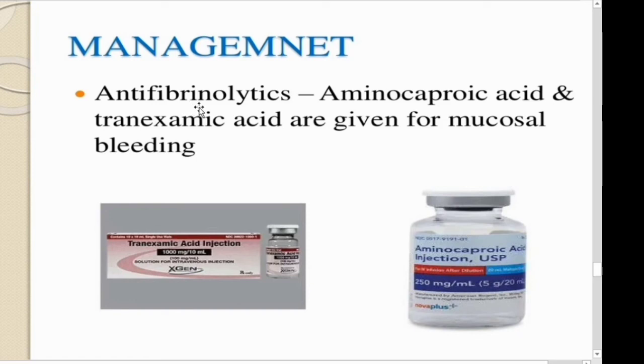These are drugs used to prevent the breakdown of fibrin, and we know that fibrin is the mesh-like network formed over the wound area. So to prevent the bleeding, we have aminocaproic acid and we have tranexamic acid, which is available under the brand name Transamine, commonly used.